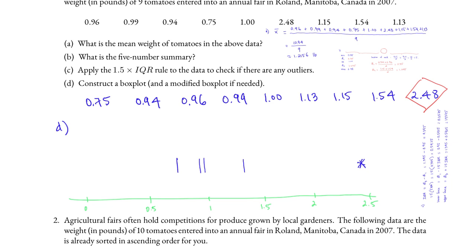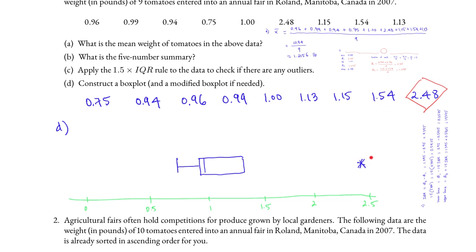We then draw a box around Q1 and Q3. Extend the minimum to Q1 by drawing a line in the middle. We then need to extend the line from Q3 to the maximum number in the dataset that is not an outlier. In this case, that number is 1.54. 1.54 is the largest number left that is not an outlier.